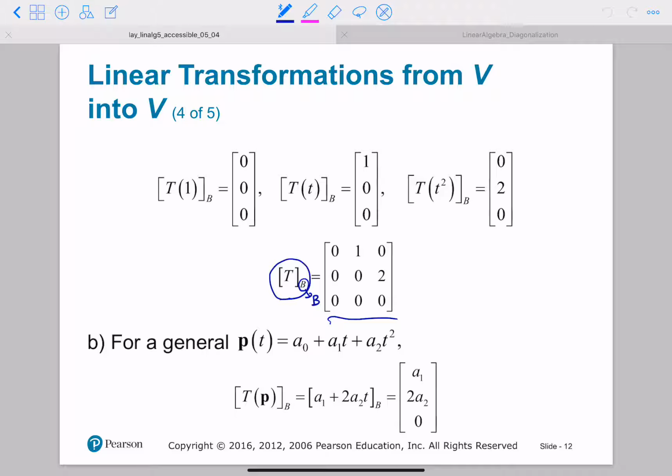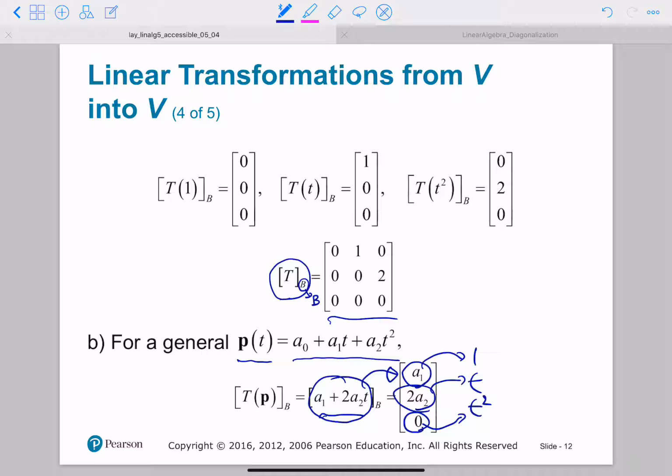And now, for a general p of t, this is a general input polynomial, and its linear transformation is this guy, which is directly represented as the linear transformation of 1, t, and t squared. Their coordinates are a1 corresponding to the constant term, 2a2 corresponding to t, and 0 corresponding to t squared.